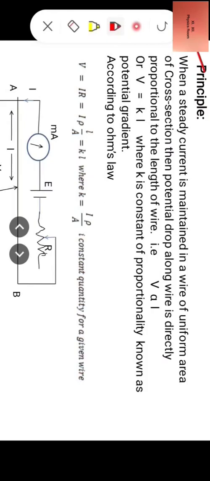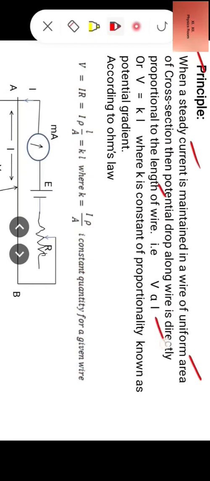Now principle of potentiometer. When a steady current is maintained in a wire of uniform area of cross section, then potential drop along wire is directly proportional to the length of the wire. I repeat, when a steady current is maintained in a wire of uniform area of cross section, then potential drop along wire is directly proportional to the length of the wire.